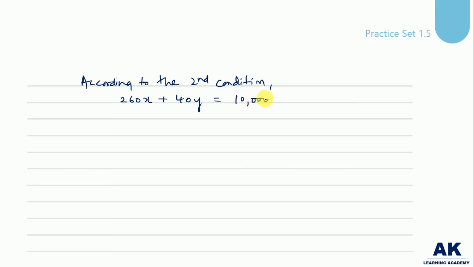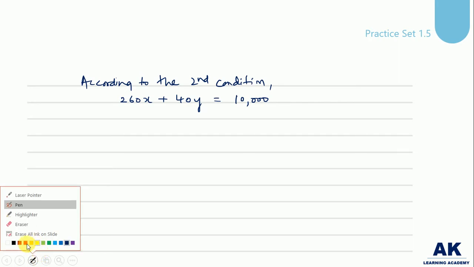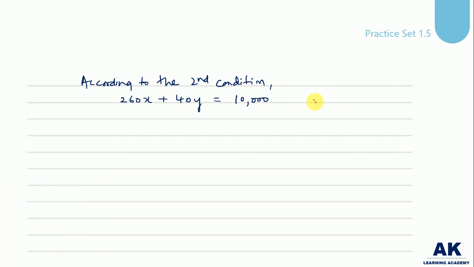Again 10 tons. So if I divide the equation by, let's say, 20, okay, when I divide this equation by 20, let's say 20 divided by 20 and divide by 20, right?